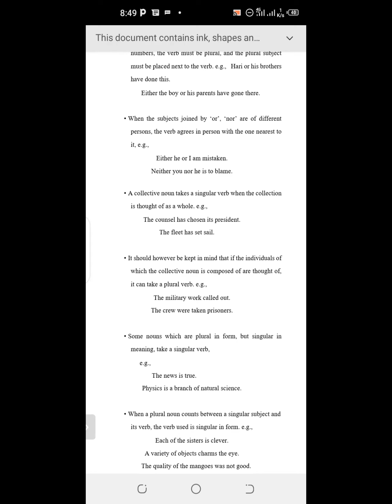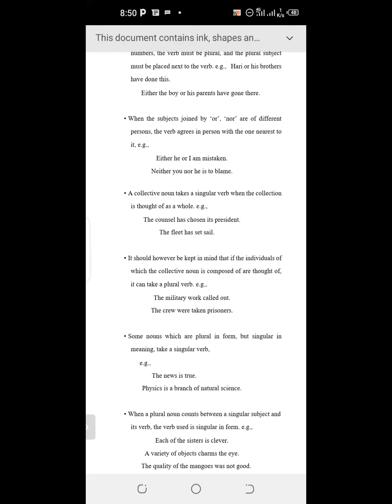And this is not only or, nor, this is either or and neither nor. Either or and neither nor, whenever they come in a sentence, by the way, they are called conjunctions. They are called paired conjunctions. So when there is either or, neither nor, what will you use? You will use the verb according to the second subject. Here see, either he or I am mistaken.